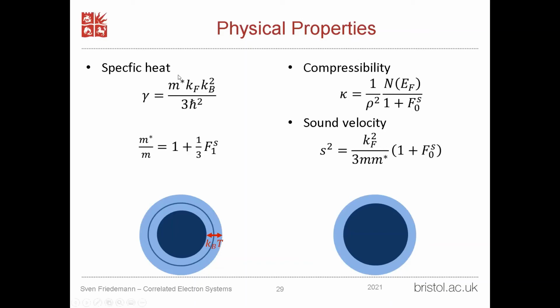The important bit is here I've now introduced this m star. So m star is an effective mass. And we call it an effective mass because it can deviate from the bare electron mass.